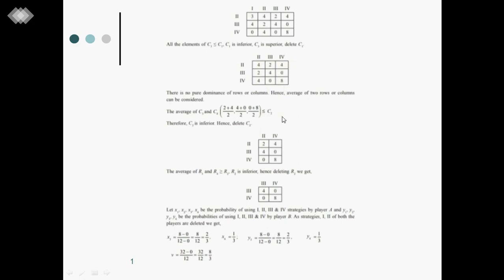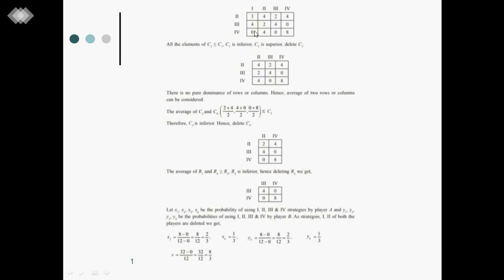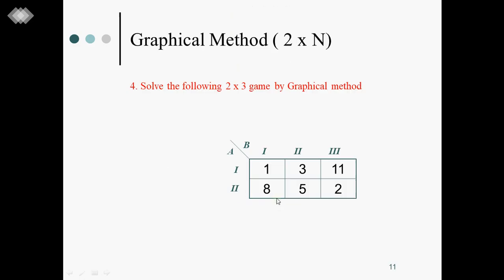In the same way, you can combine 2 columns and check the dominance with the remaining or some other column. In the process it will finally be reduced to a 2 cross 2 game. So this was the given 4 cross 4 game. It is reduced to this extent first, then 3 cross 3, then this one. Like this it was reduced. That's all about the dominance concept.